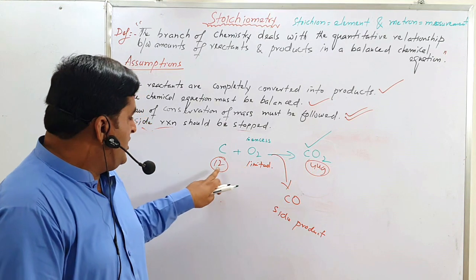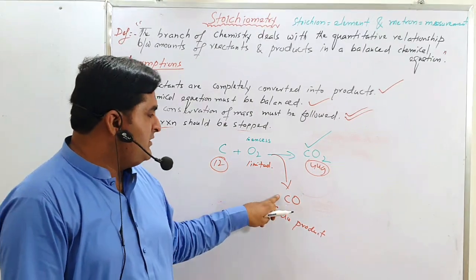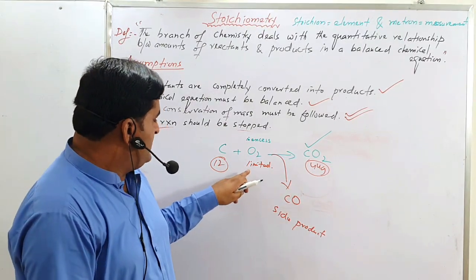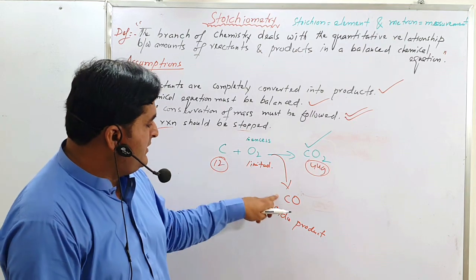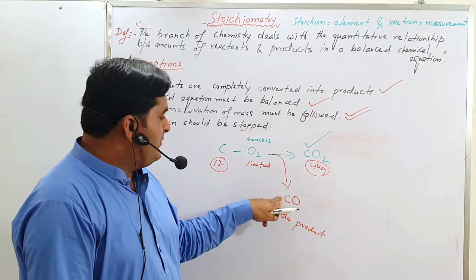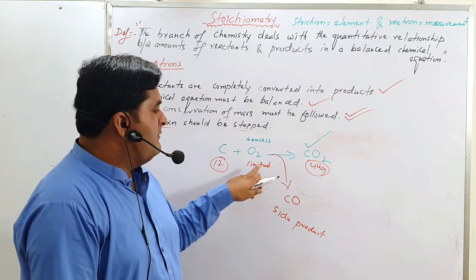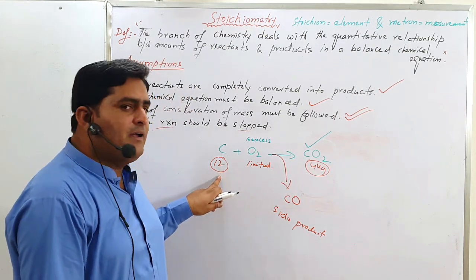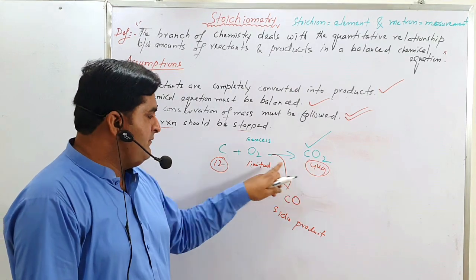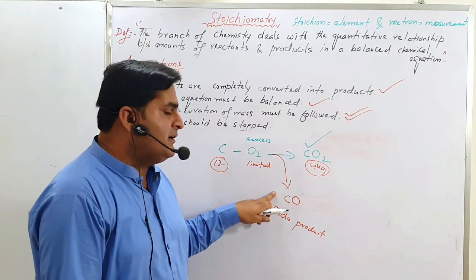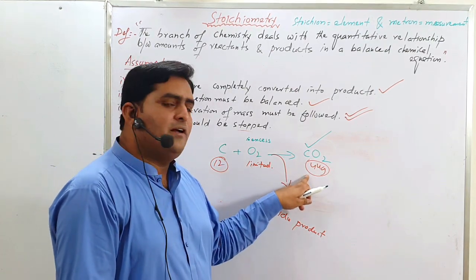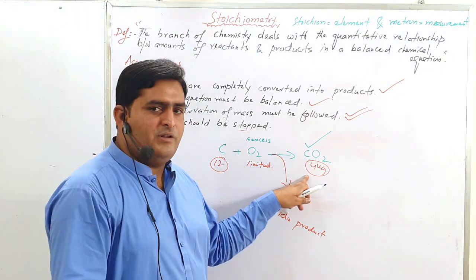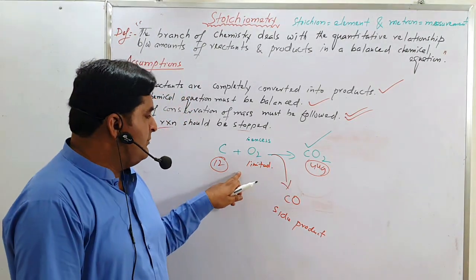That is why if a side reaction occurs, we have to stop this reaction, because some of the grams from carbon have been converted into carbon monoxide. That mass of carbon will be missing in the carbon dioxide. So we are assuming exactly 44 grams from exactly 12 grams. But if a side reaction occurs, we won't have this exact amount, 44 grams. So this is why we have to stop the side reaction.